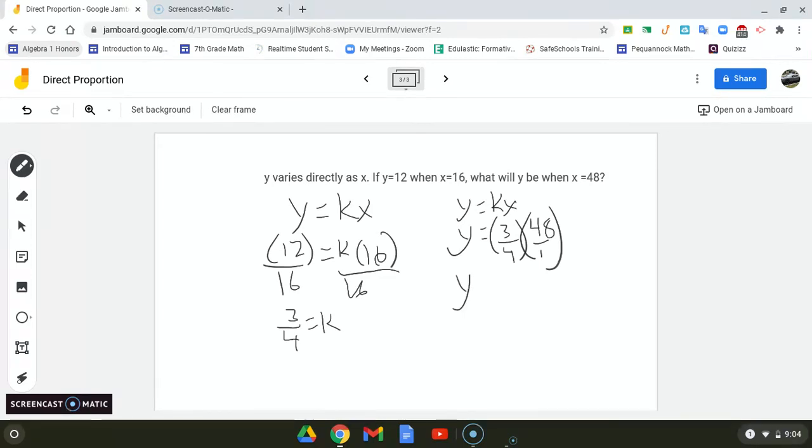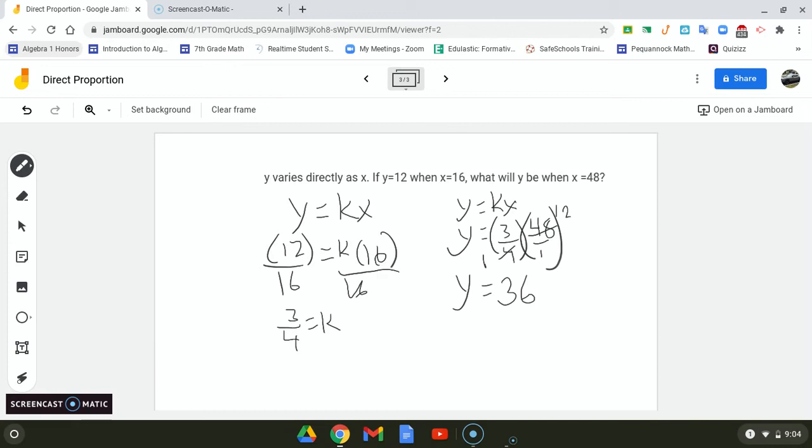So we can say y is going to be equal to, and then if you know what 3/4 of 48 is, that's good. If you didn't know, you can reduce this down, say 4 into 4 once, 4 goes into 48 12 times, and then 3 times 12, and we'd find out that y is 36.